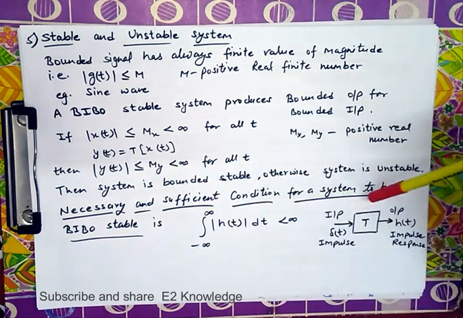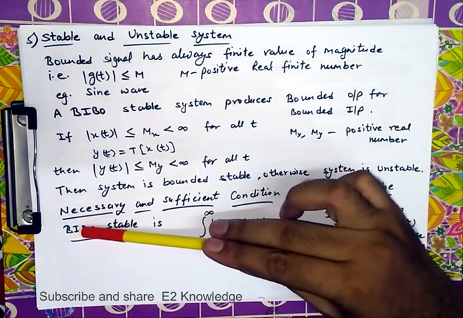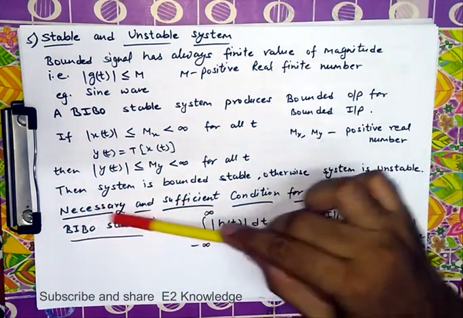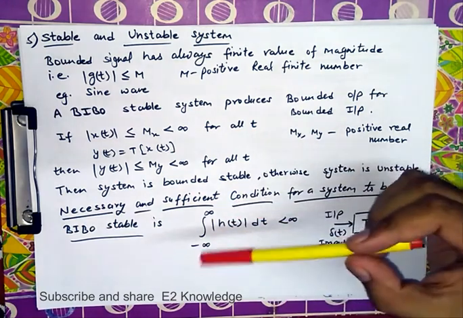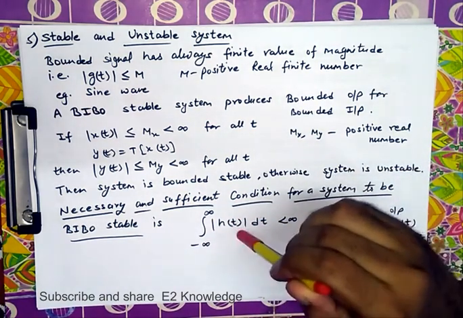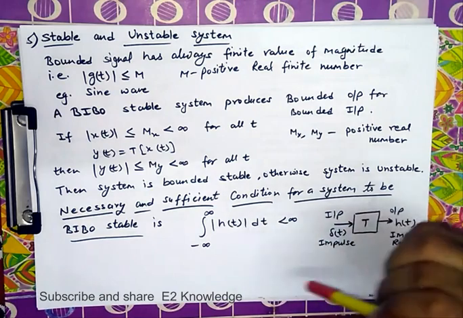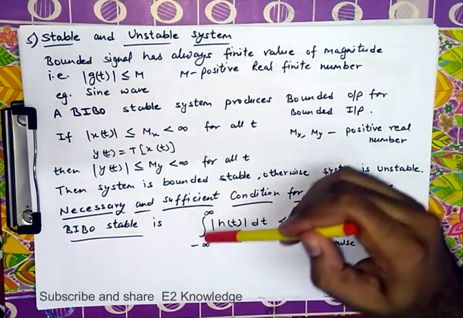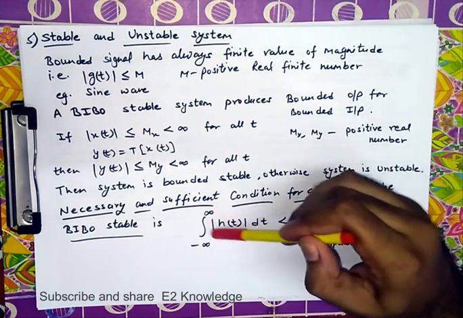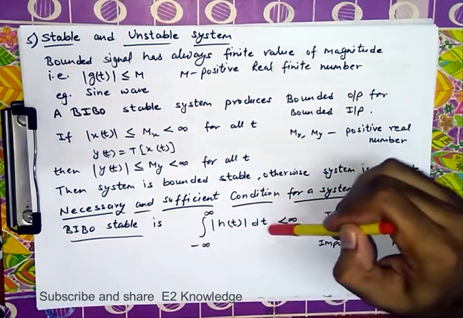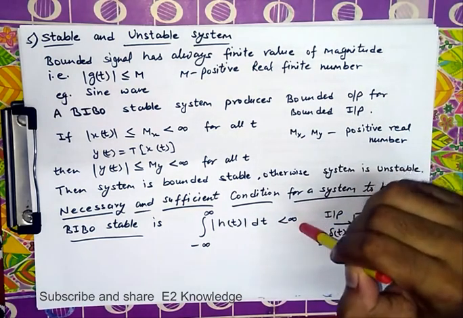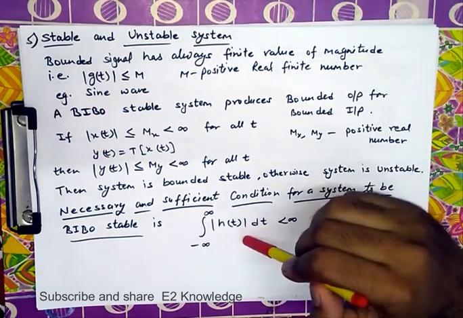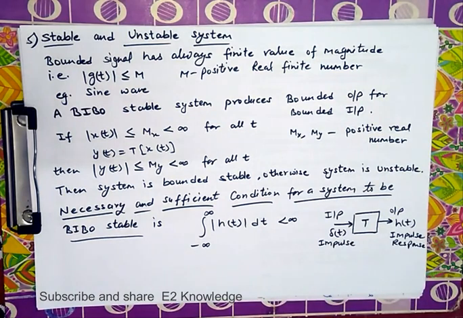So for any system to be BIBO stable, that is the necessary and sufficient condition, very important, the impulse response integrated over the complete duration, minus infinity to infinity, should be finite, that is, less than infinity. It is the necessary and sufficient condition for a system to be stable in the bounded input, bounded output criterion.